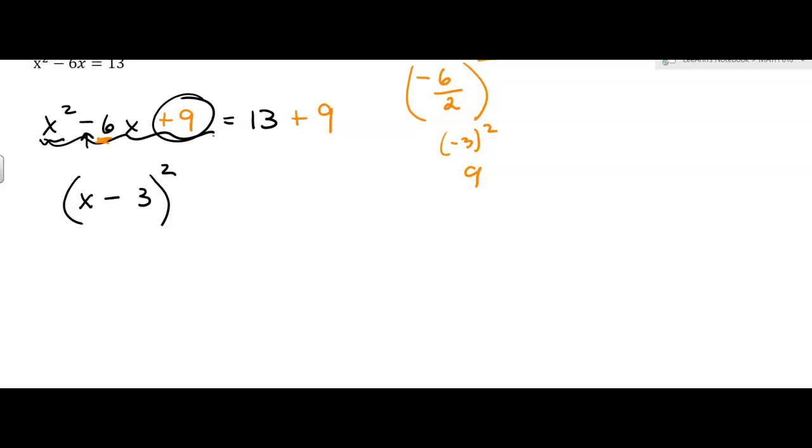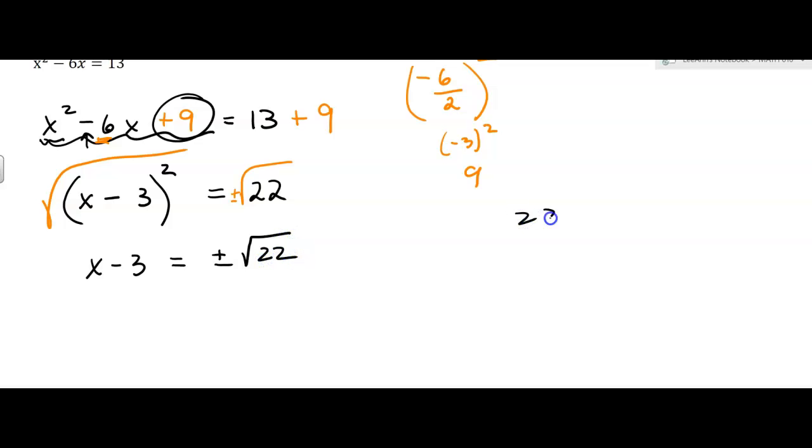Okay, so that's what's happening on the left. It's how it factors. Now what happens on the right? Well, 13 and 9 is what, 22? Okay, now I can take the square root of both sides. I've completed the square, yay. I'm going to take the square root of both sides. And I get x minus 3 equals plus or minus the square root of 22.